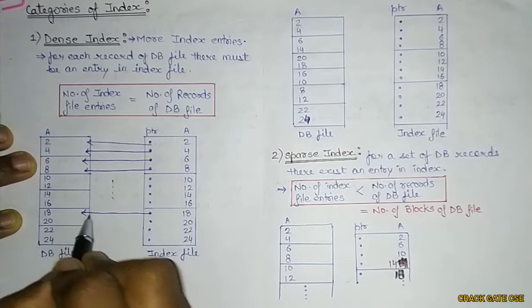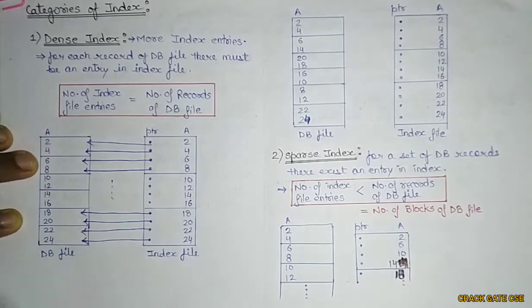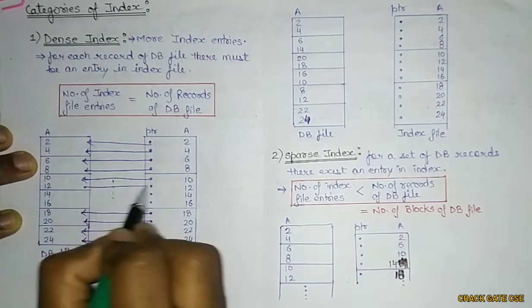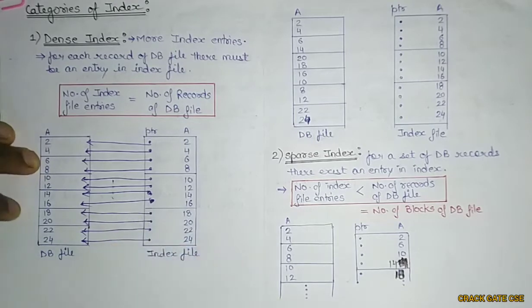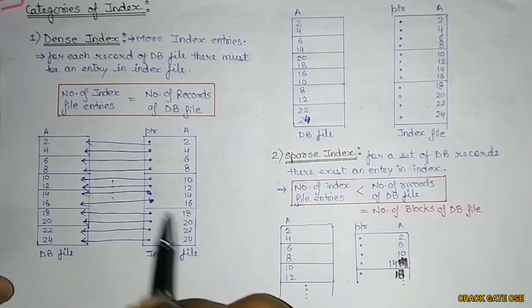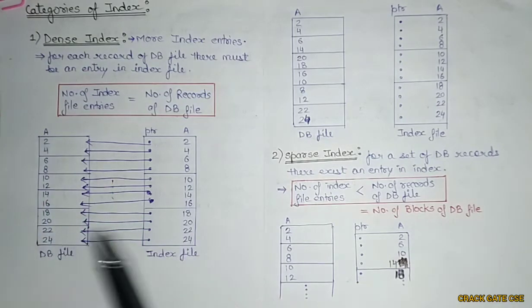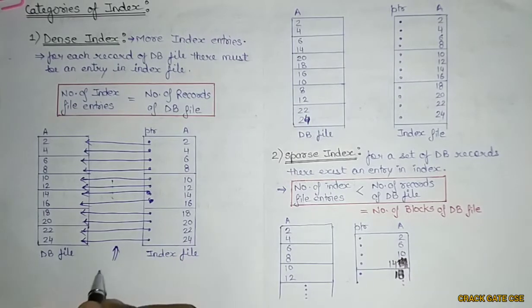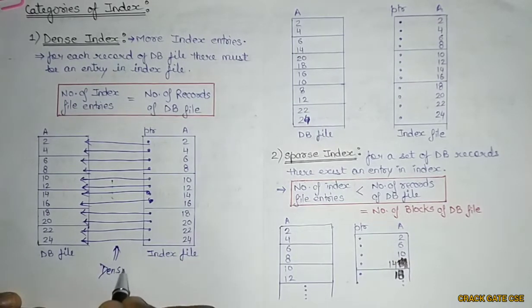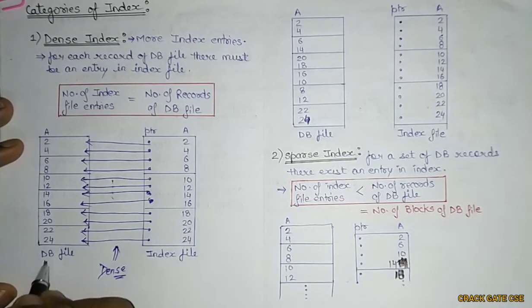So I am having a pointer for all the entries of the database file. How many pointers you are having, how many index entries you are having, equals the number of records of the database file. So here you can see that the number of pointers is more, so that's why it is known as dense.